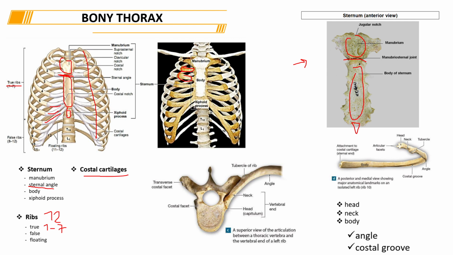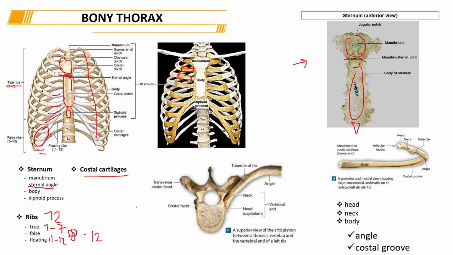Ribs 8 to 12 are called false ribs because they have no costal cartilage of their own. But ribs 11 and 12 are floating, also called the floating ribs.